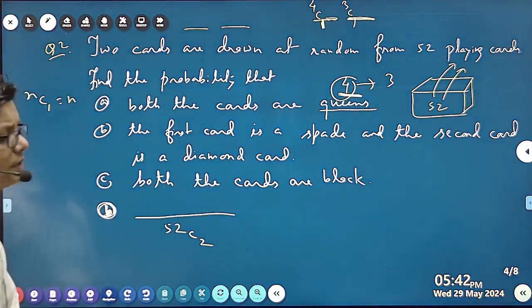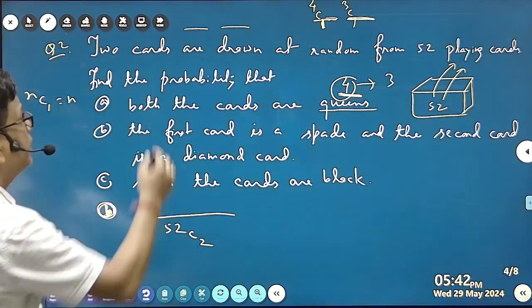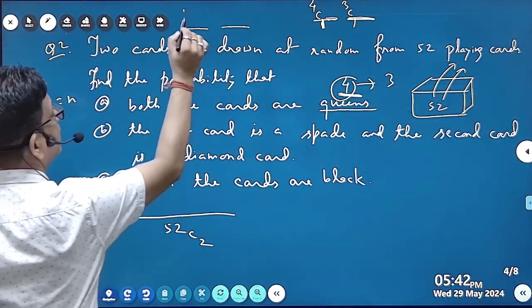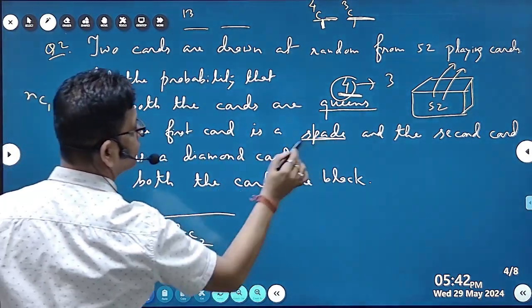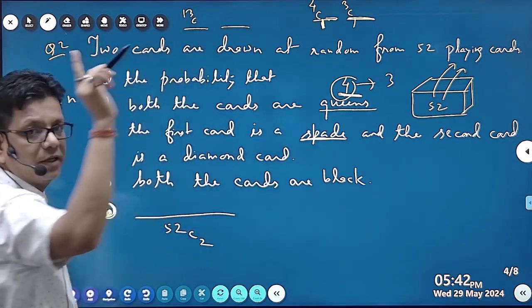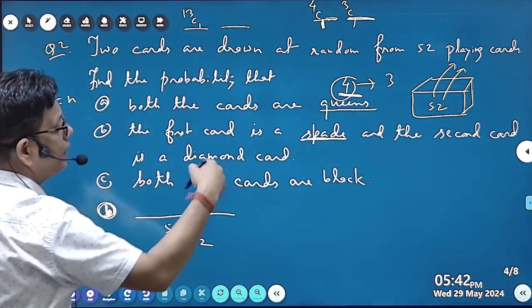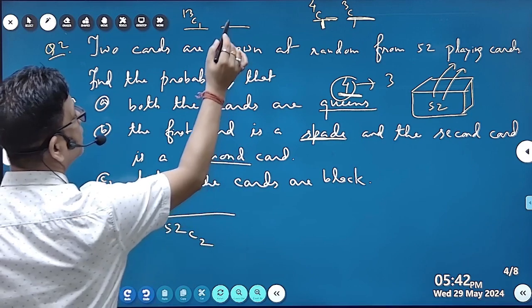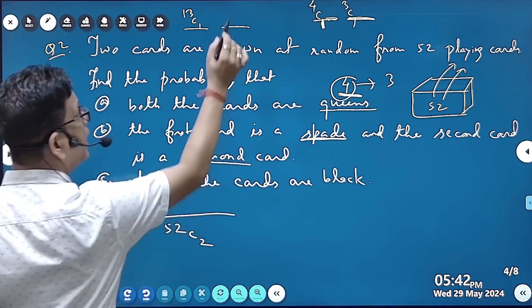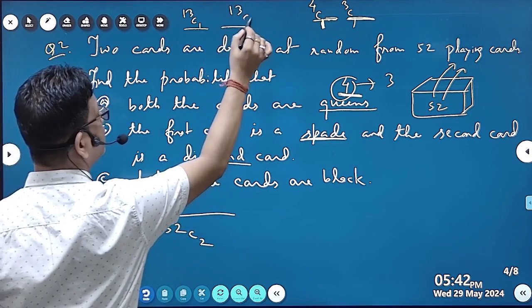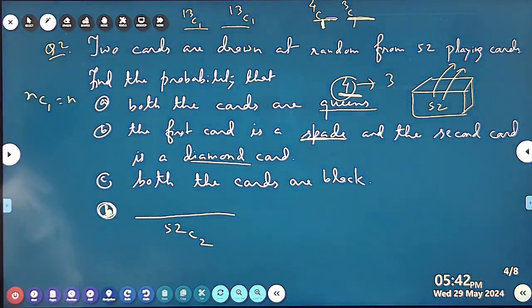How many spade cards are there? 13. So from 13, this is spades. So from 13, how many cards are taken? 1. Then again, the second card is a diamond. How many diamond cards are there? Again from the 13 cards of diamond, 1 card is to be taken.